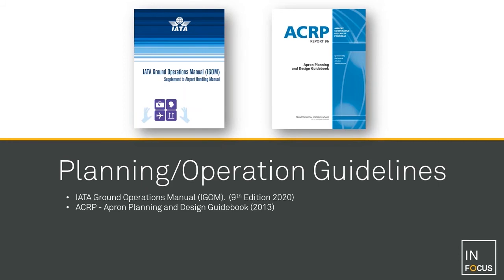Or also from the ACRP, there's this apron planning and design handbook, which also has a little bit more detailed information about what to look out for when you get into such planning scenarios, including ground service equipment.